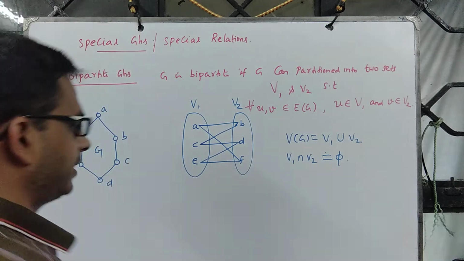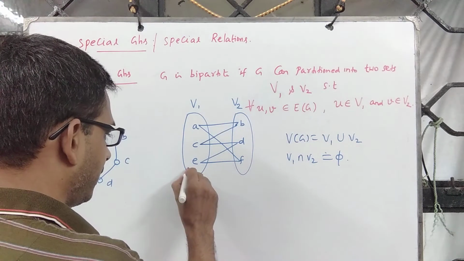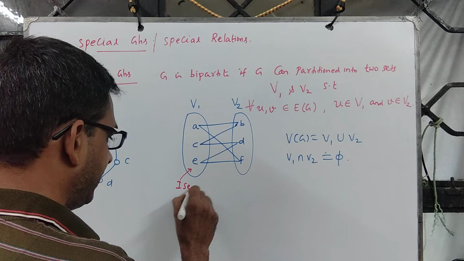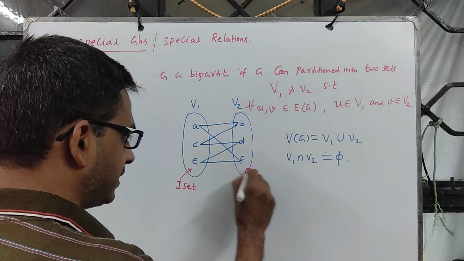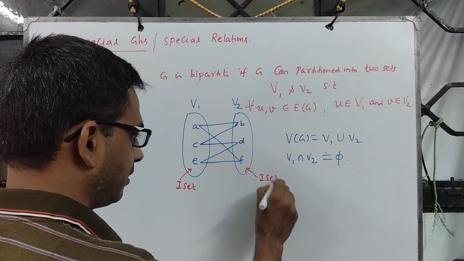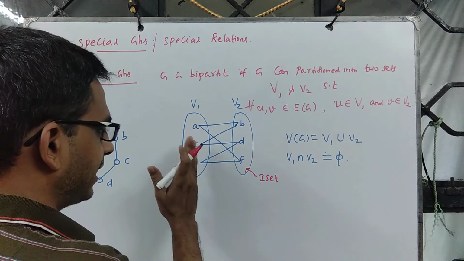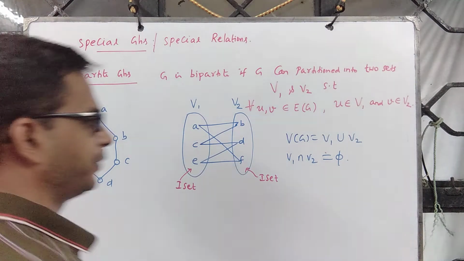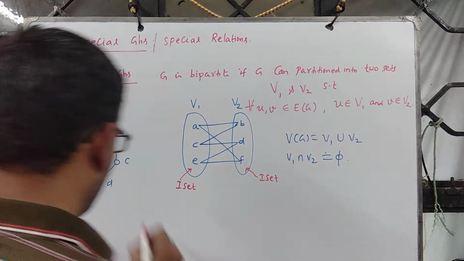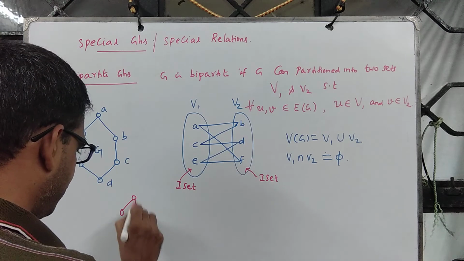So it tells you the following: V1 is an independent set, V2 is an independent set, and edges are from V1 to V2. So look at this graph.